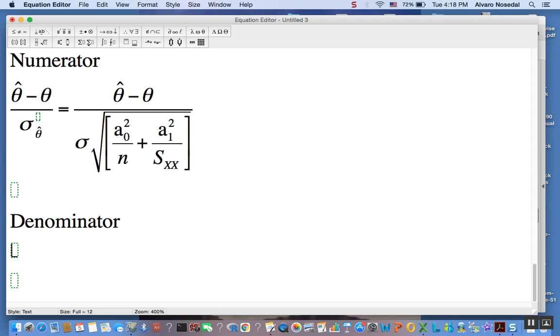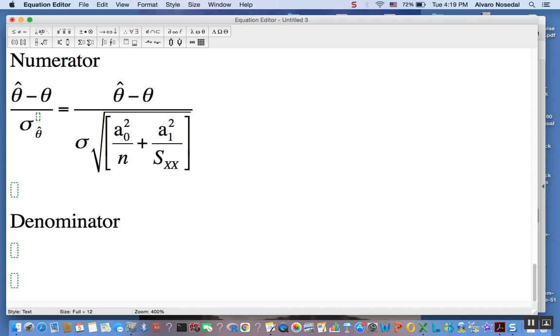So in the denominator we need the square root of a chi-square divided by its own degrees of freedom. Let's think about a quantity that has a chi-square distribution. Remember that at some point we talked about S squared, and S squared was an unbiased estimator of sigma squared.